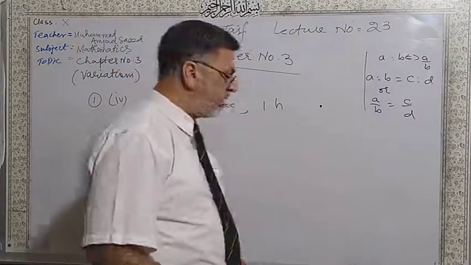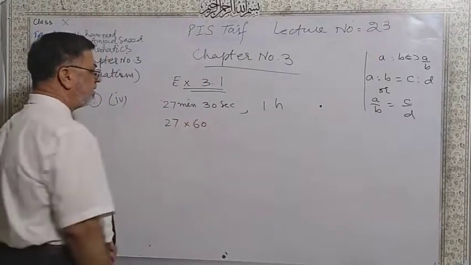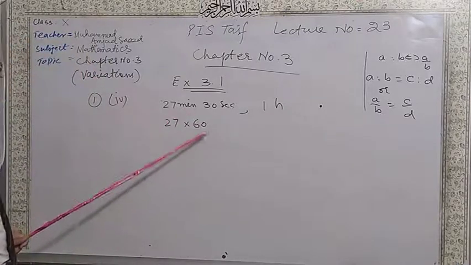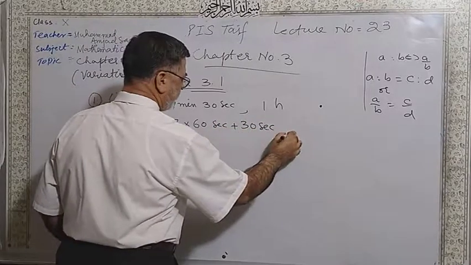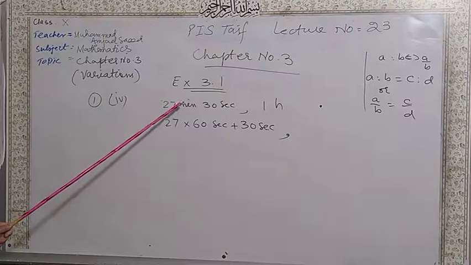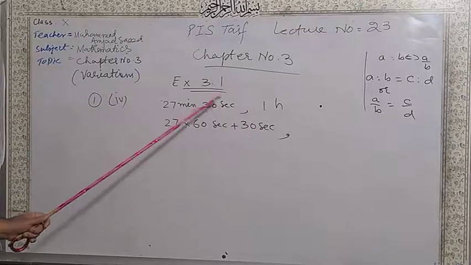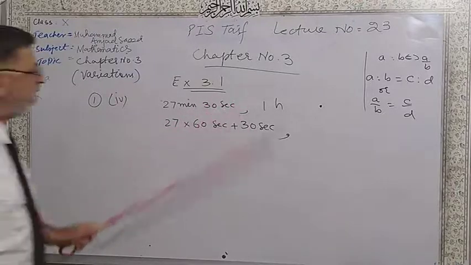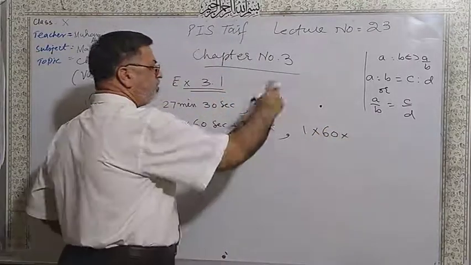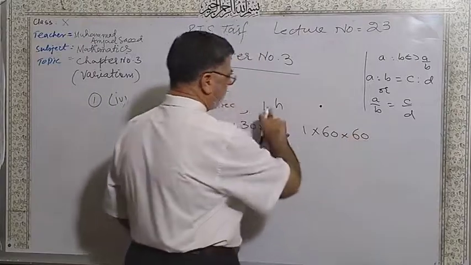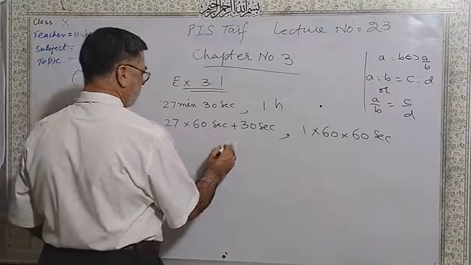So you will write down 27 minutes multiplied by 60 to convert to seconds, plus 30 seconds. 27 minutes multiplied by 60 becomes seconds and 30 seconds are extra, they are added. And 1 hour: 1 is multiplied by 60, that becomes minutes, further multiplied by 60, that becomes seconds.